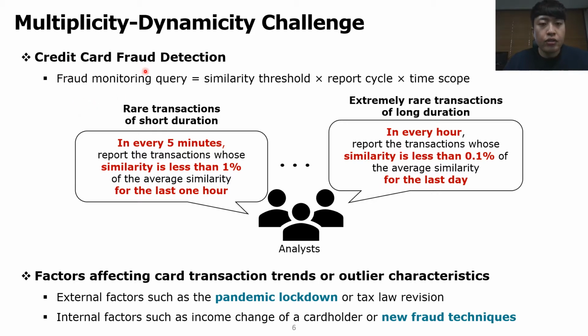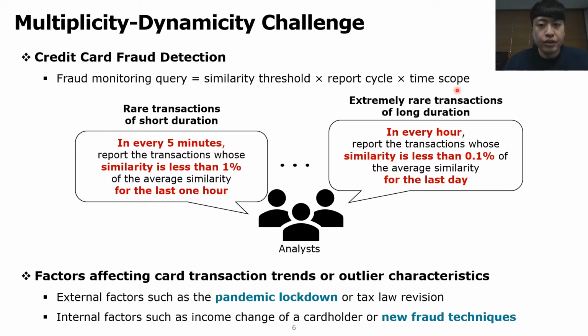A fraud monitoring query can be defined by a similarity threshold, report cycle, and time scope, which means that from credit card transaction streams, some transactions may have very dissimilar characteristics compared with others, and the analysts want to find those abnormal transactions at every time step, and also they want to consider the most recent transactions in a certain time period.